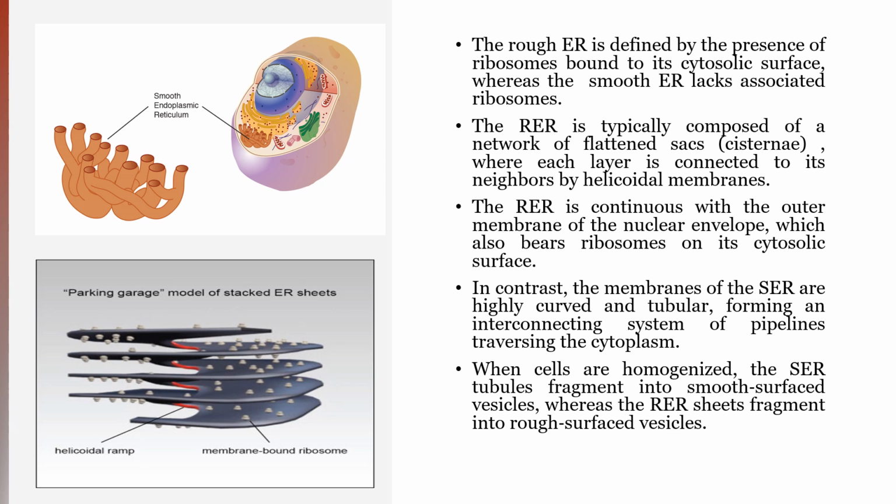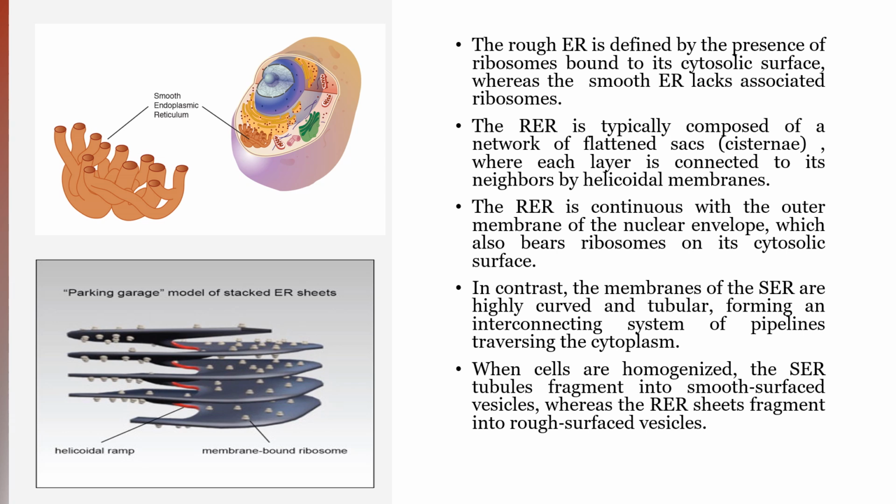As we have seen in the previous slide, the rough endoplasmic reticulum has ribosomes bound to its cytosolic surface, the side facing the cytoplasm of the cell, or the outer side of the cisternae. Whereas the smooth endoplasmic reticulum does not have ribosomes bound to it.